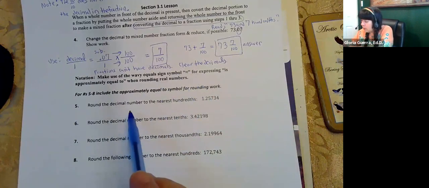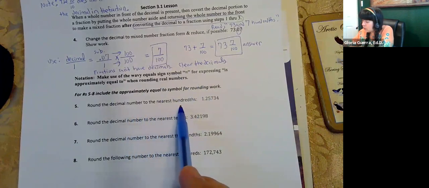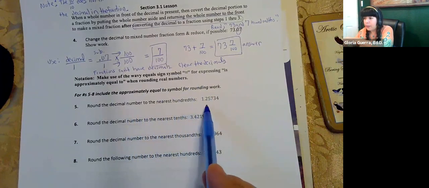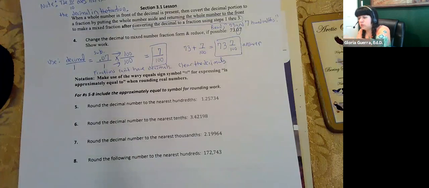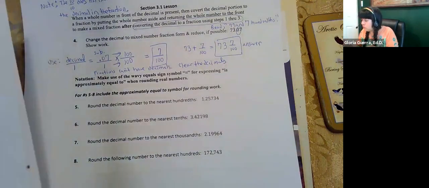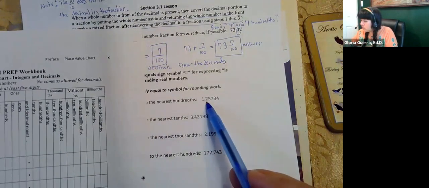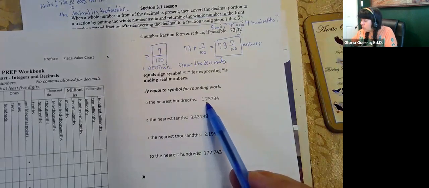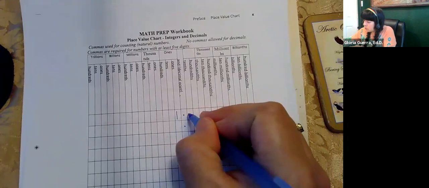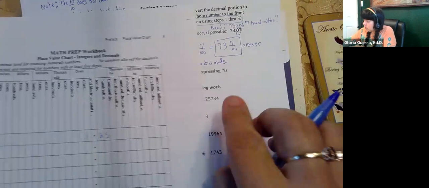So this one, you want to round the decimal to the nearest hundredths, okay? So that's where this comes in. If you want to, you can label this in your place value chart: 1.25734.